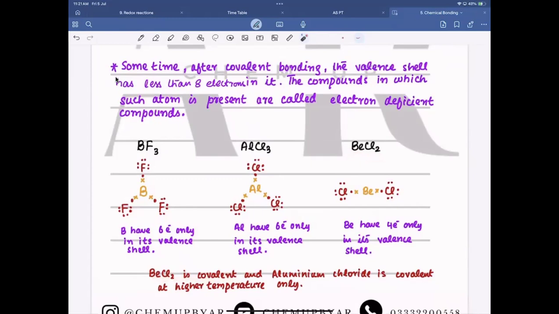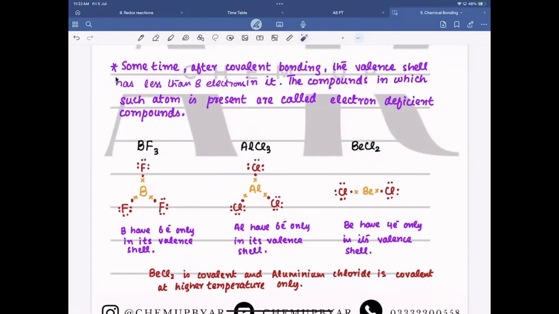You always remember it by the electrostatic forces of attraction. Electrostatic forces of attraction between the oppositely charged ions, it's ionic bonding. Electrostatic forces of attraction between the nuclei of the two atoms and the shared pair of electrons, it's covalent bonding. Electrostatic forces of attraction between the cations and the sea of free moving electrons, then it's metallic bonding.